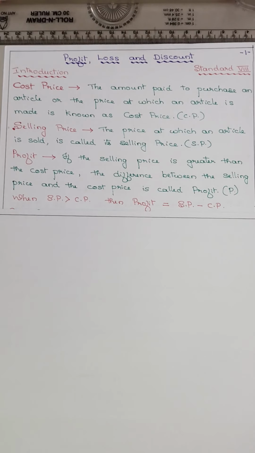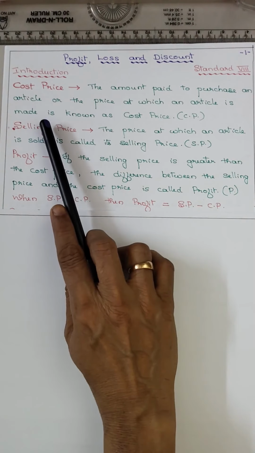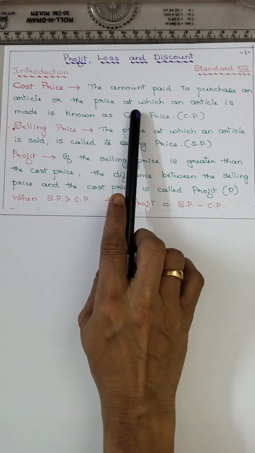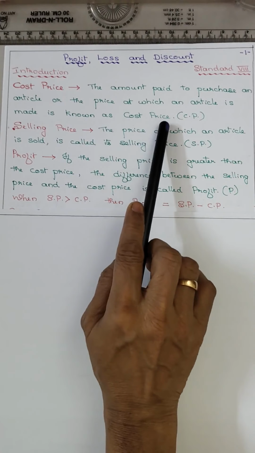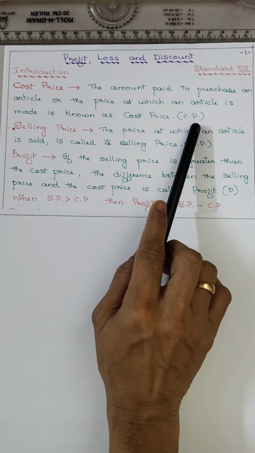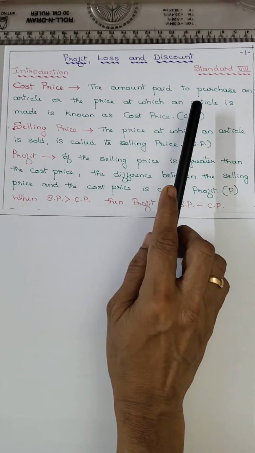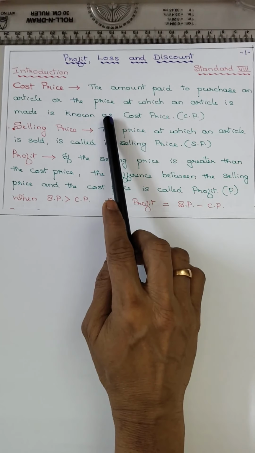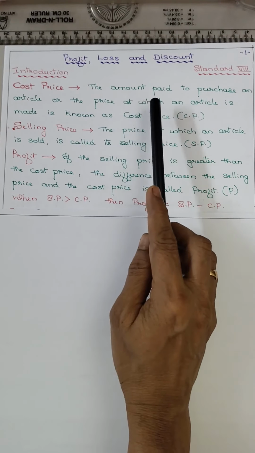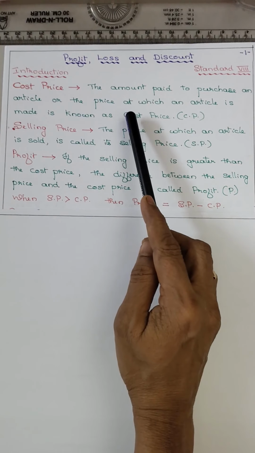What is cost price? The amount paid to purchase an article or the price at which an article is made is known as the cost price, that is CP. Means the amount it is paid to purchase an article. A retailer will go to the wholesale market, from there he will buy the article.